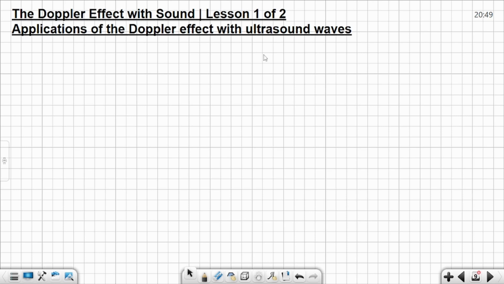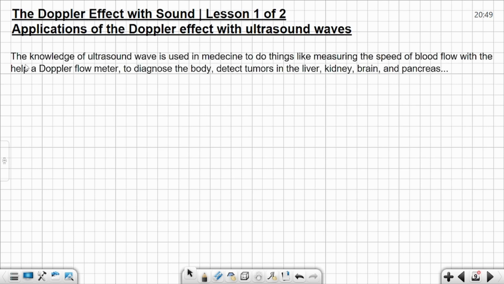And lastly, we look at applications of the Doppler effect with ultrasound waves. We are not going to go into more details when talking about ultrasound waves. So we said the knowledge of ultrasound waves is used in medicine to do things like measuring the speed of blood flow with the help of a Doppler flow meter.